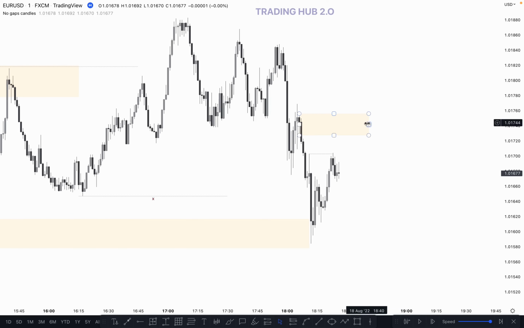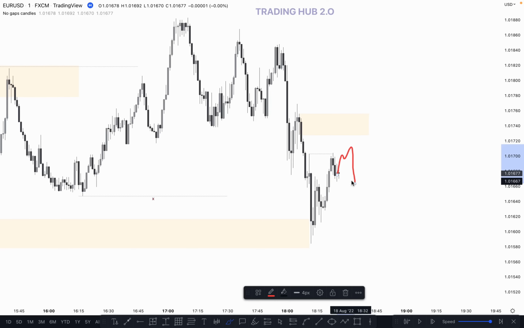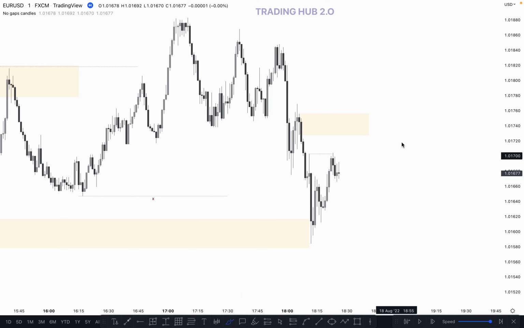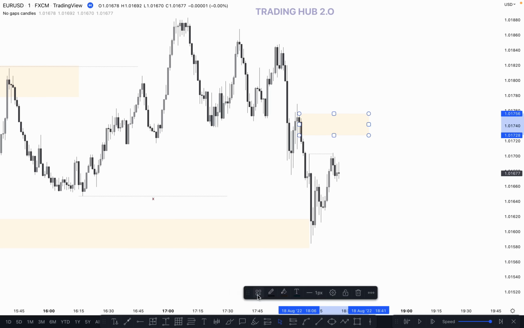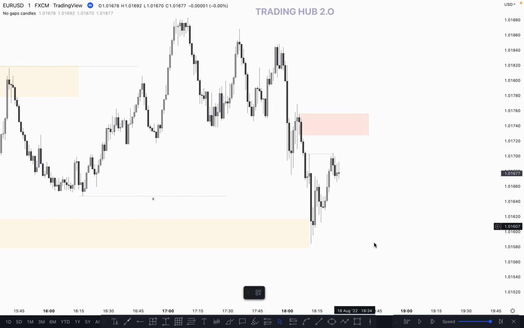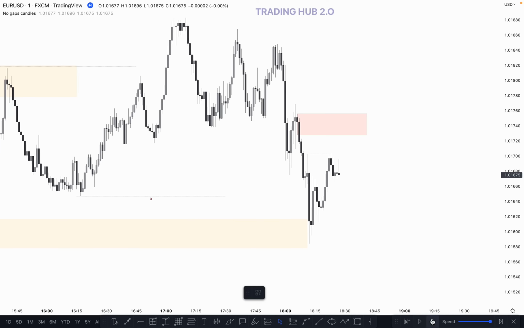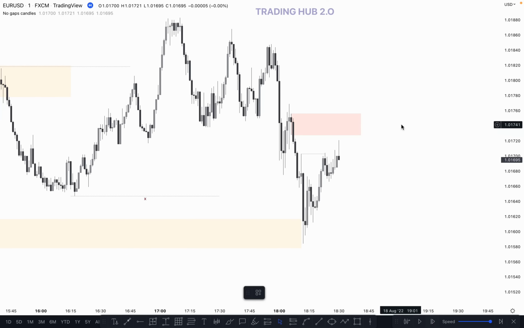If it does not mitigate this order block and market just sweeps this liquidity, okay, and then gives any reaction here with a single candle confirmation, then I'm introduced for the sell, because I'm not interested in the buy, because market is just collecting the money to the upside, right? So what happened here? This is our supply zone, okay, and I was expecting if market taps on this level, then I'm also introduced for the sell compared to the buy.